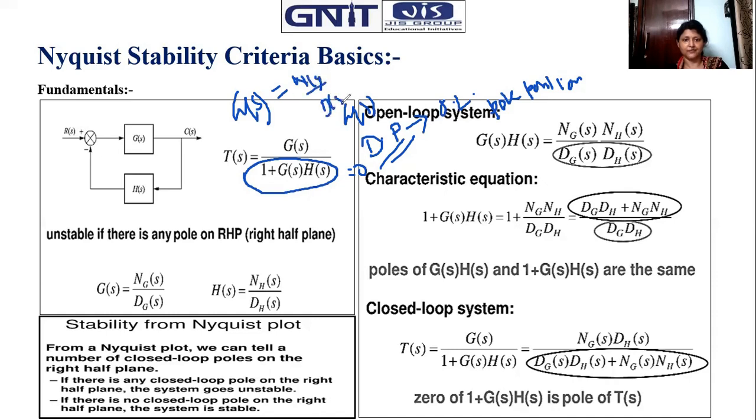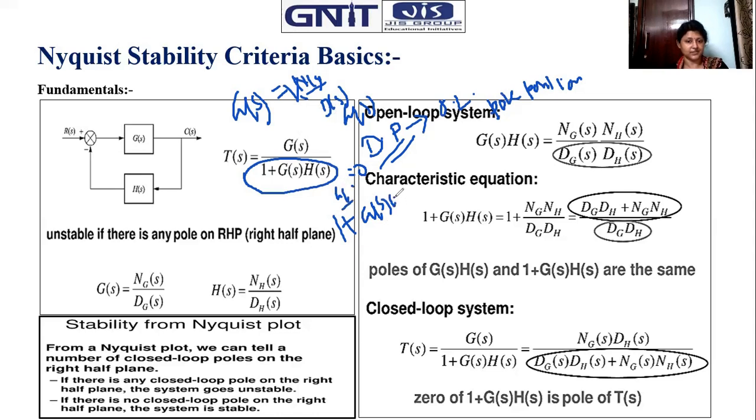This is basically your closed loop system, and the denominator polynomial is the characteristic expression. If it equals 0, we get the characteristic equation, as we have described.